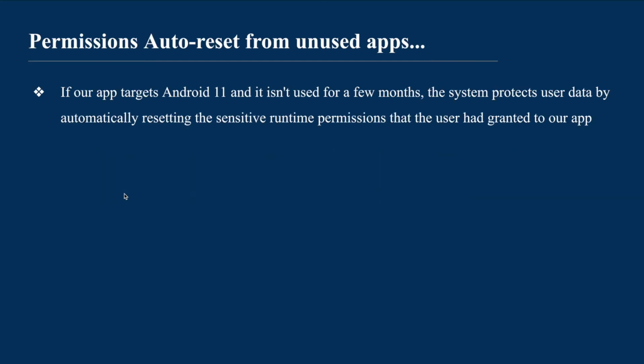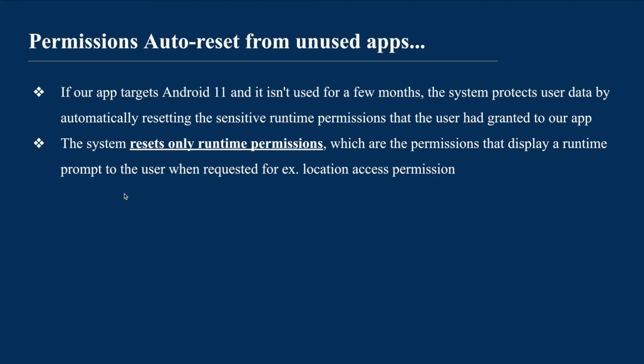If our apps target Android 11 and it isn't used for a few months, the system protects user data by automatically resetting the sensitive runtime permissions that the user had granted to our application. So this means auto reset is only applicable if our application isn't used for a few months and we have requested sensitive features which impact users' privacy.